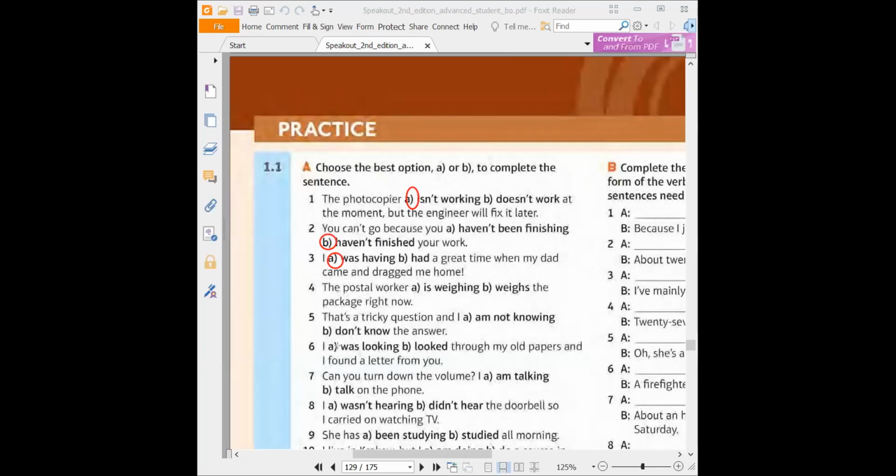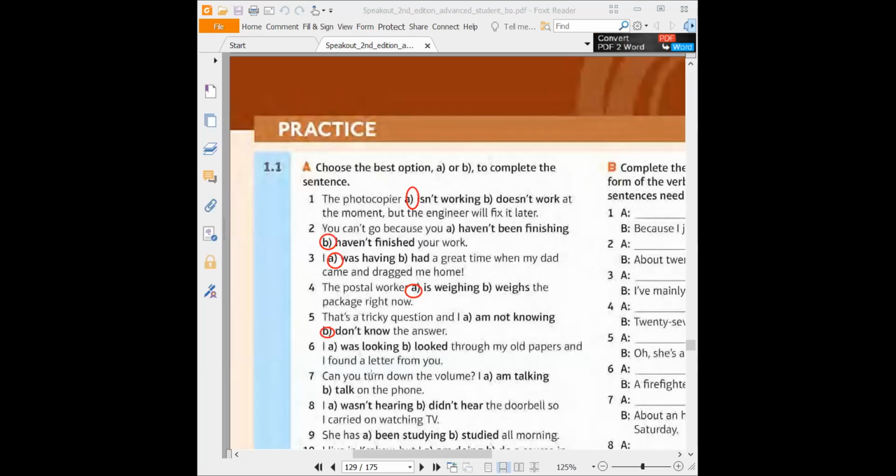The postal worker is weighing or weighs the package right now. It's weighing. Yes, that's correct. Next one: that's a tricky question, and I am not knowing, or I don't know the answer. I don't know, definitely. This is a state verb. I looked through my old papers and I found a letter from you.